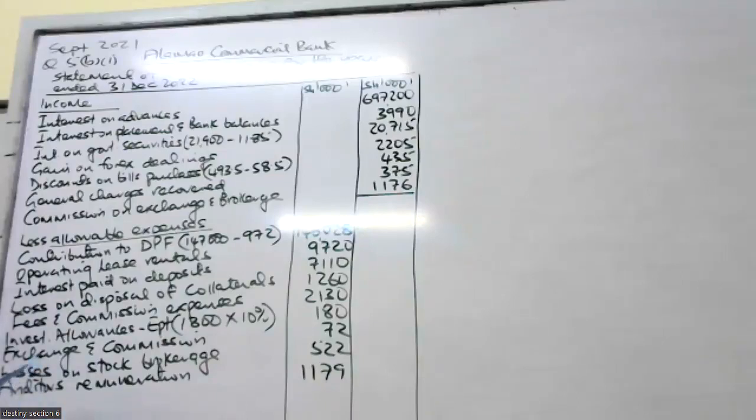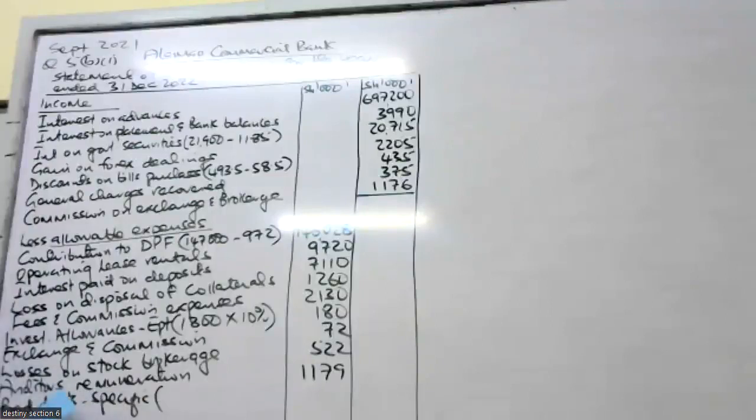Provision for bad and doubtful debts has a note 4. Provision for bad and doubtful debts includes specific bad debts at beginning and at the end of the year. So we have bad debts. So we are specific.